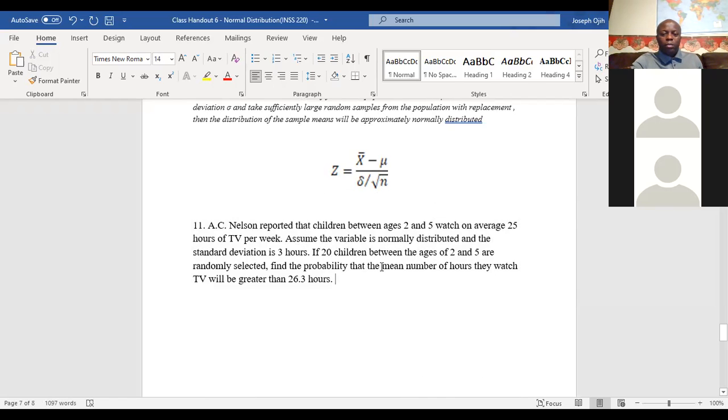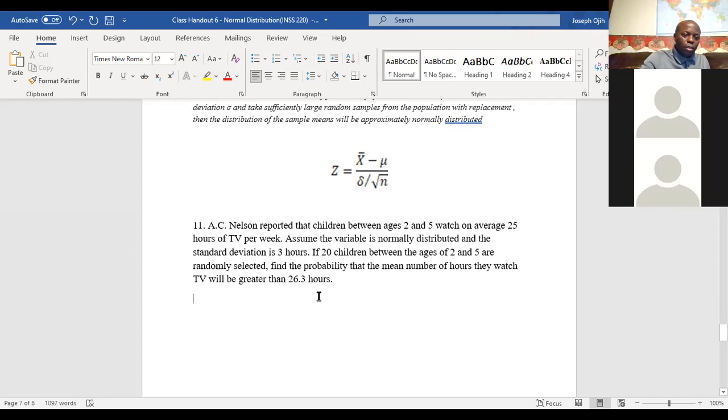If 20 children between age 2 to 5 are randomly selected, find the probability that the mean number of hours they watch TV, which is the sample mean for this sample of 20 children, will be greater than 26.3 hours. It says we should assume that the variable is normally distributed.